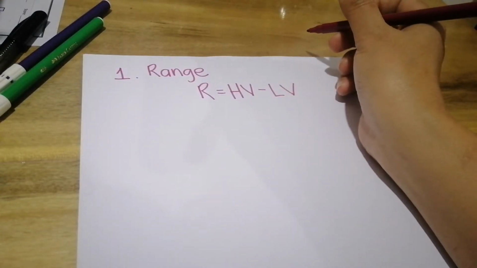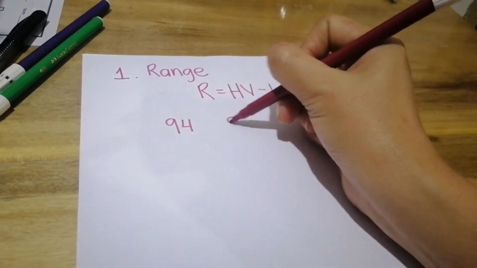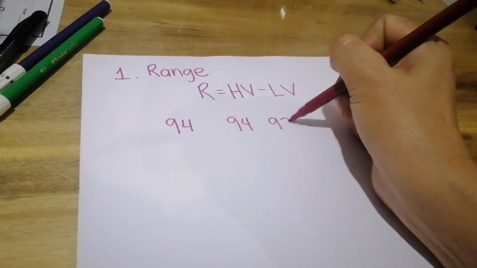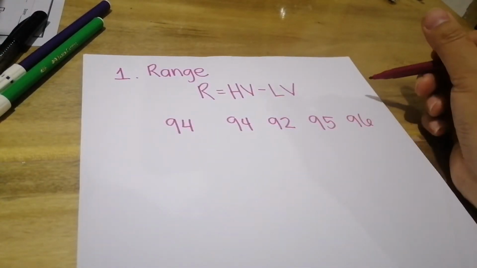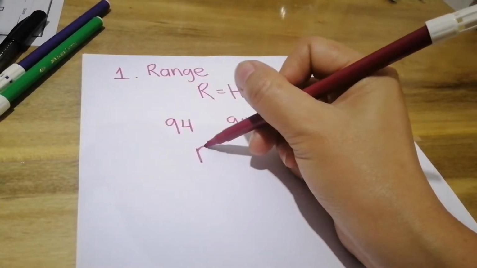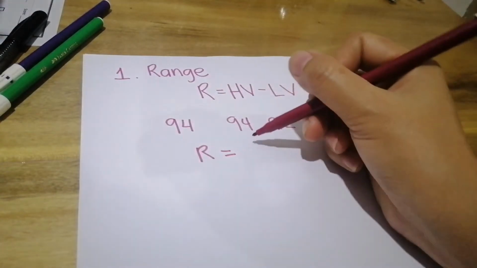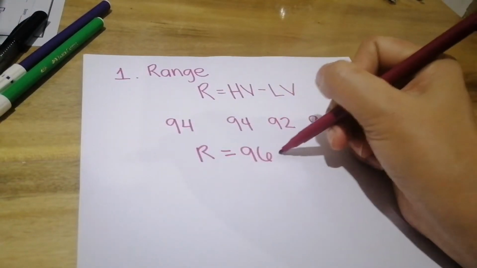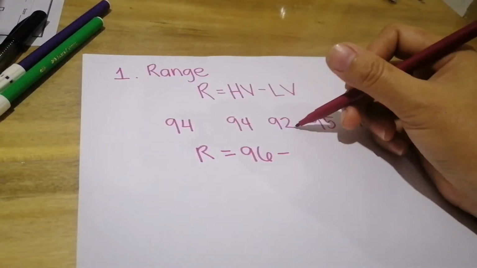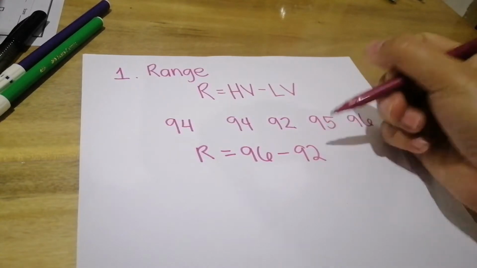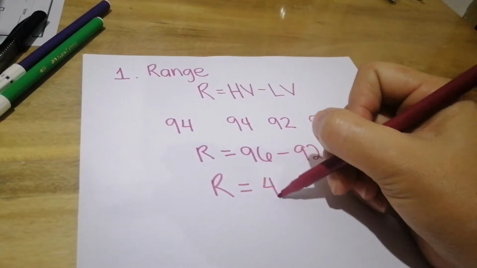If your set of data is 94, 92, 95, and 96, your range will be equal to R equals the highest value, 96, minus the lowest value, 92. So the range is equal to 4.